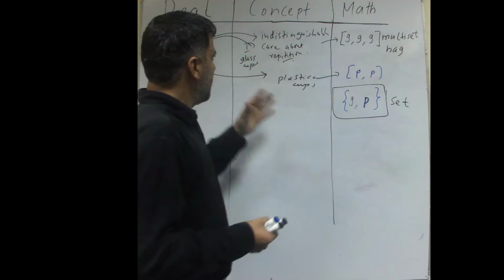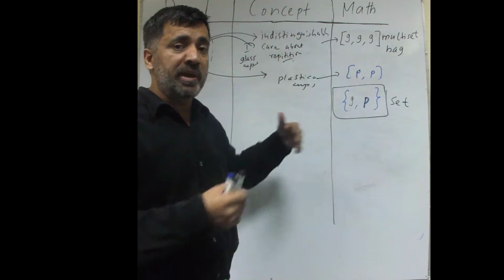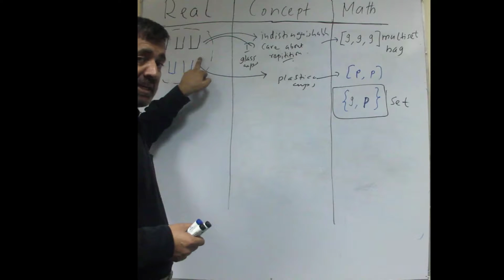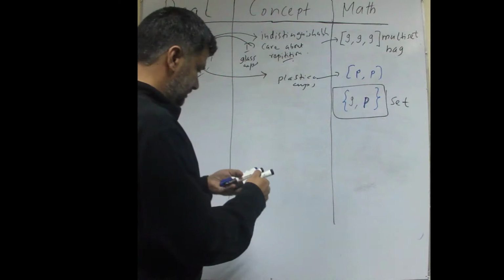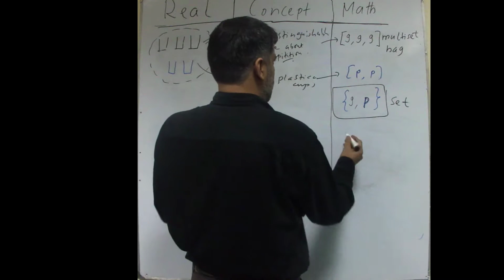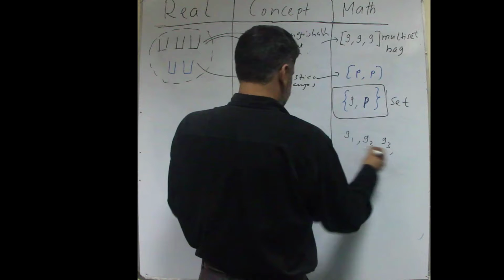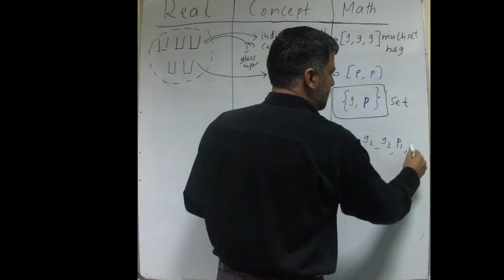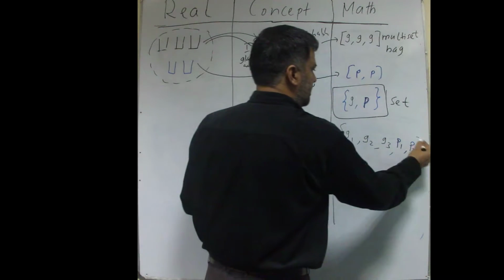So let's say I want to represent this by a collection of objects where I take into account the count, or the multitude, or the numerosity. Then I'll have to label this as G1, G2, G3, and P1, P2. Now, if you are happy with that, you can do that.